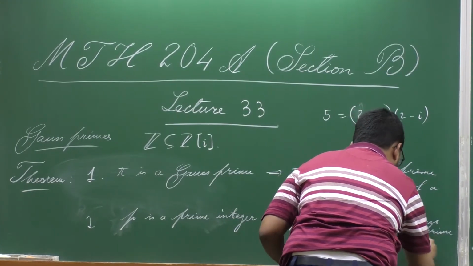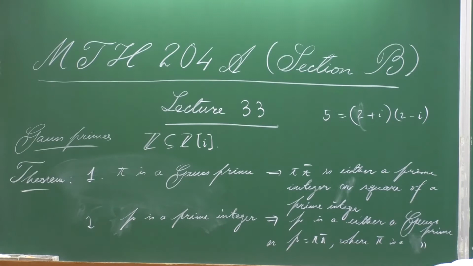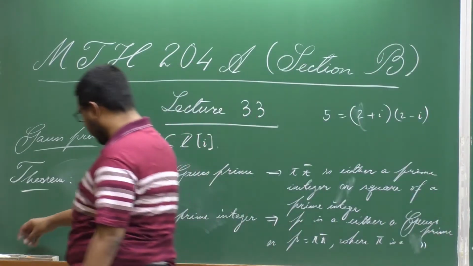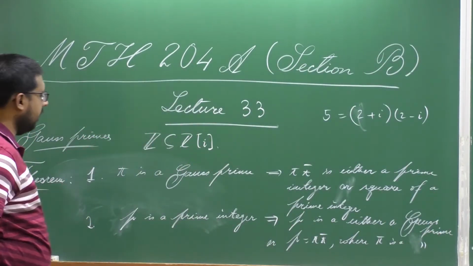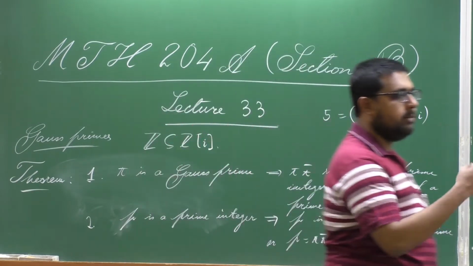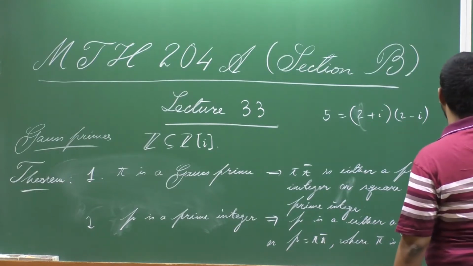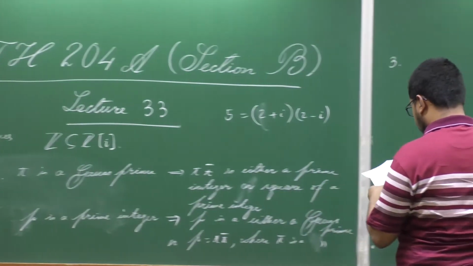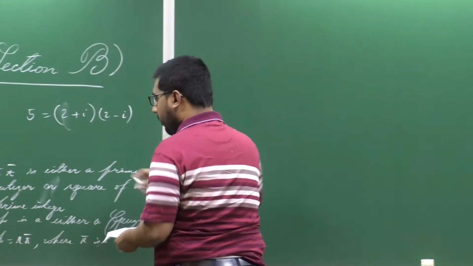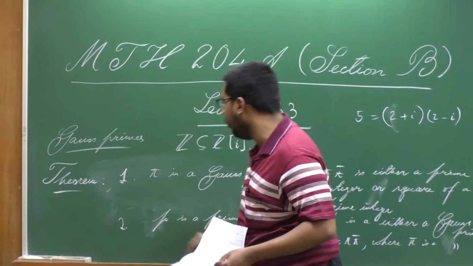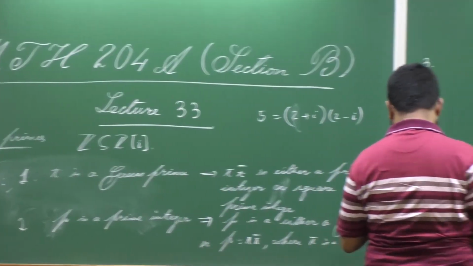Any prime integer will either be a prime in Z[i], or the product of a Gauss prime together with its conjugate. Then we do have the following. I will prove the rest one by one, and of course this part is already proved.